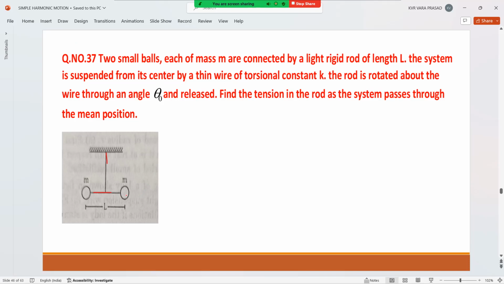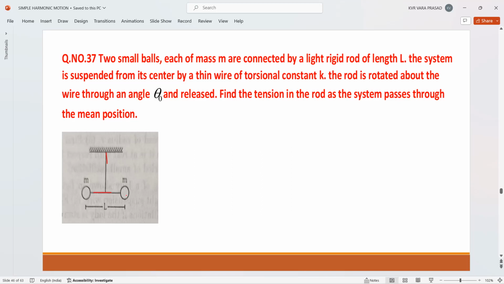When the rod is rotating, the balls are following a circular path. So now we have to focus on who is providing the centripetal force for these balls to follow a circular path.